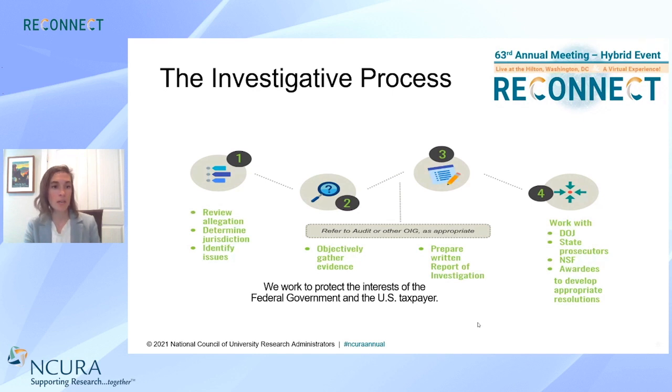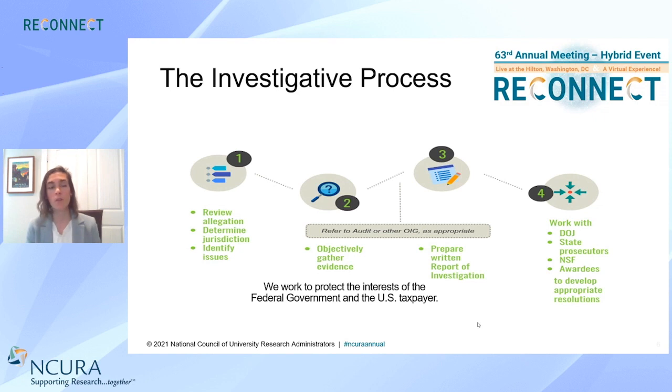As for the investigative process, once an allegation is received, it's reviewed by our office to determine whether or not we actually have jurisdiction to investigate. If we determine that we have jurisdiction, we dive a little deeper into what exactly the issues at play are. Then, once it's assigned as a case, the agents, attorneys, or scientists objectively gather facts.